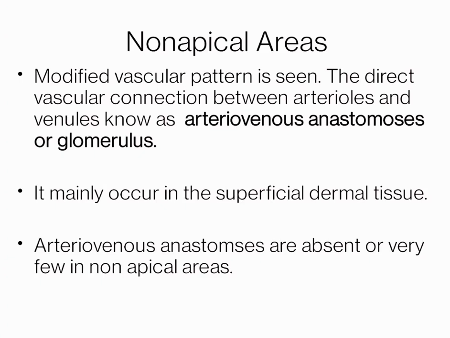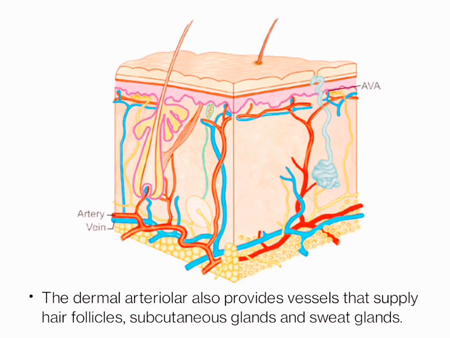Now we will focus on non-apical region. It's not complicated, modified vascular pattern is seen. The direct vascular connection between arterioles and venules, known as arteriovenous anastomosis or the glomerulus. Here you can see that.